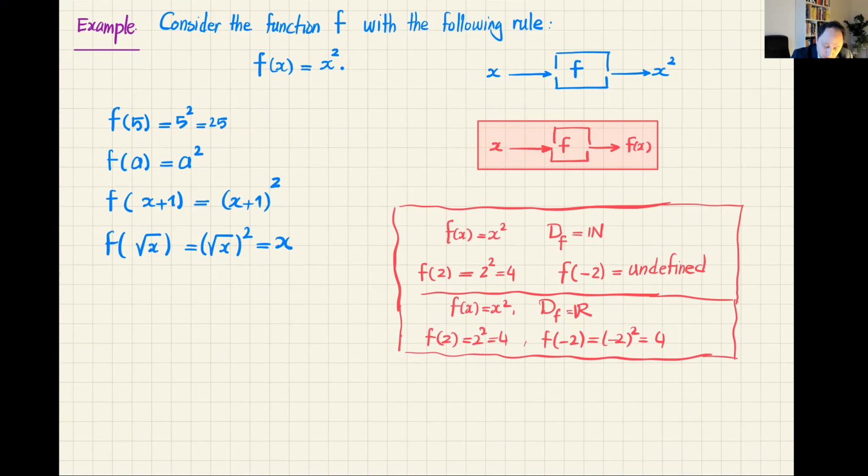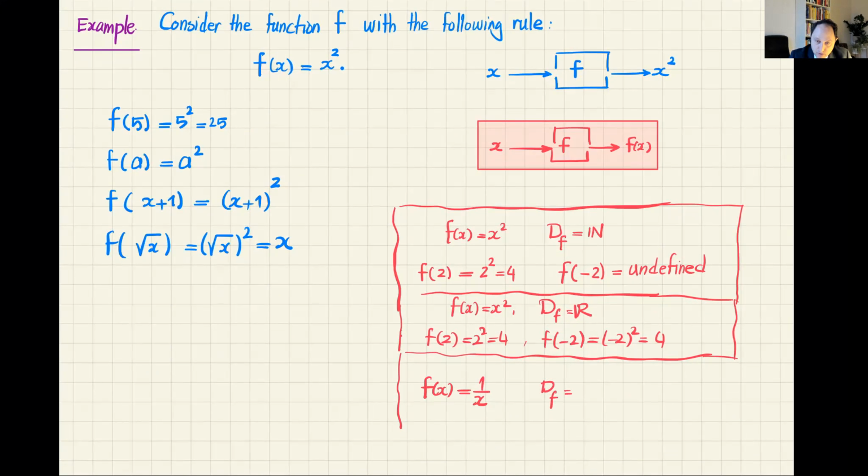For example, can you talk about this? If I give you this rule, f of x equals 1 over x, and if I do not specify the domain, you need to consider the biggest possible set to be the domain of this function. So can you tell me what is the domain of this function?